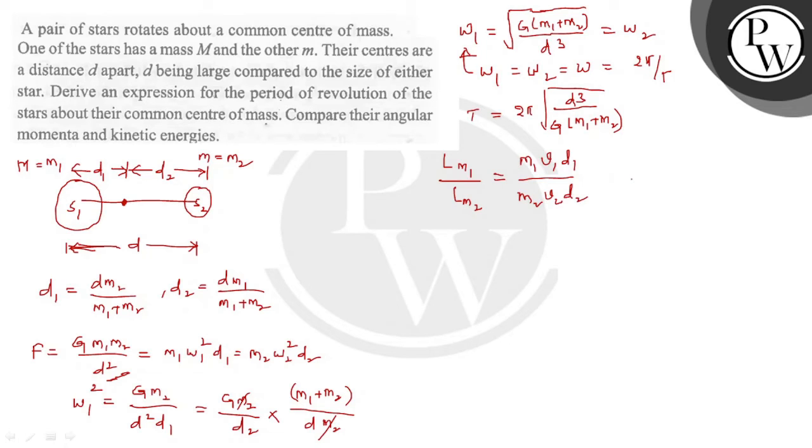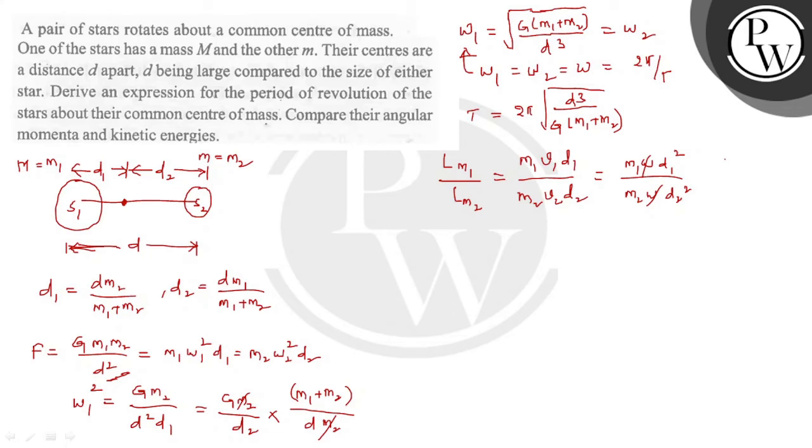Basically it can be written as m1 omega d1 square upon m2 omega d2 square, so omega gets cancelled.